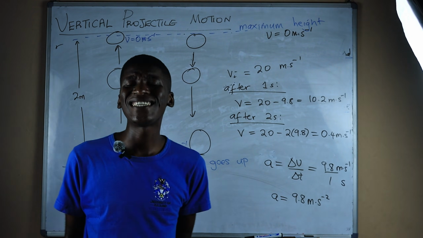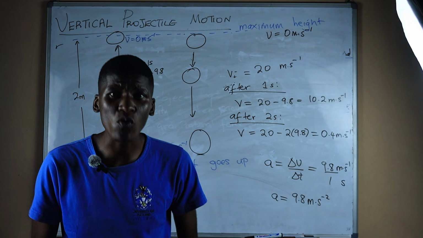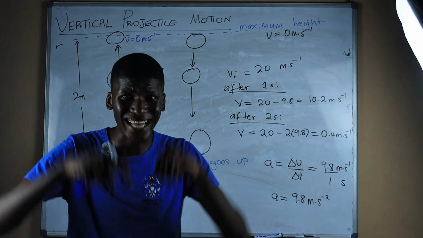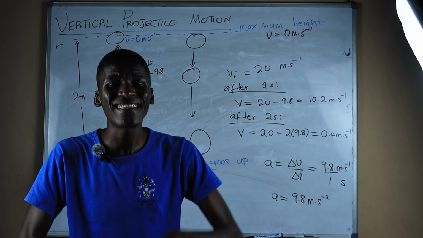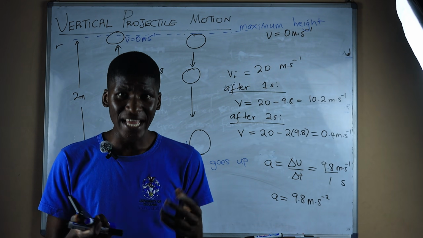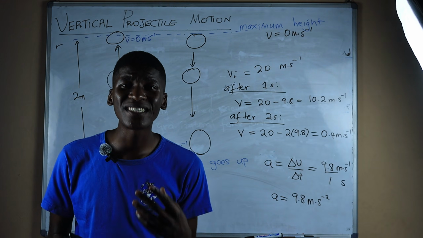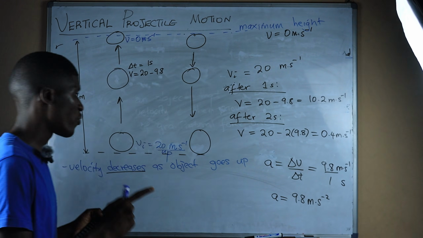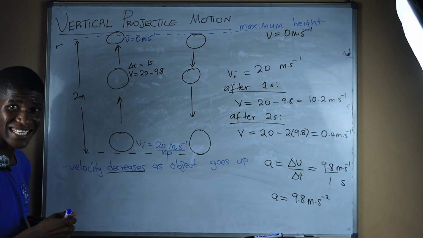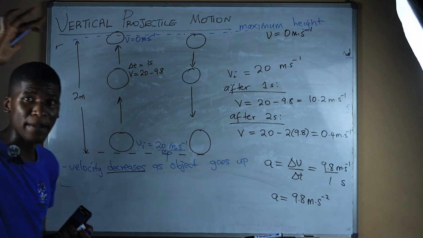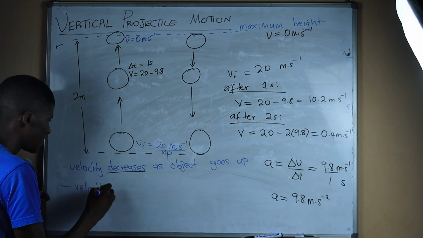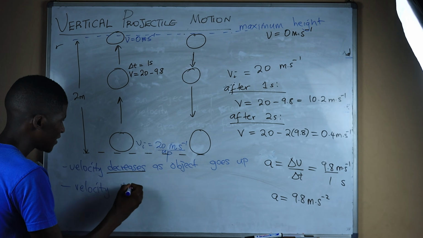What about when it is coming back down? When the object is coming back down to where it started, the opposite will happen. Its velocity will increase. When the object was going up, the velocity was decreasing, but now when the object is coming back down to your hand, its velocity increases.